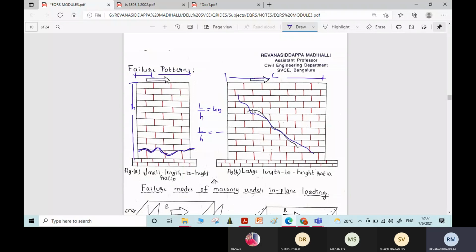By developing a diagonal crack, the failure of the wall will take place. In this case, a large amount of lateral force will be handled by the wall.